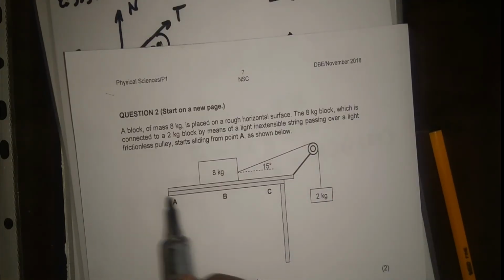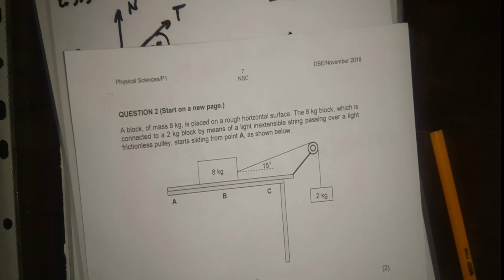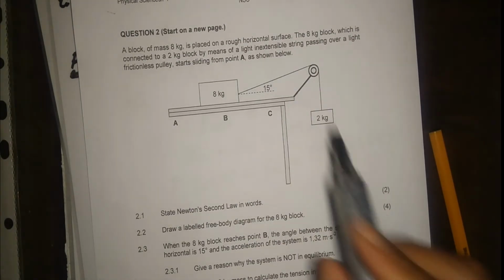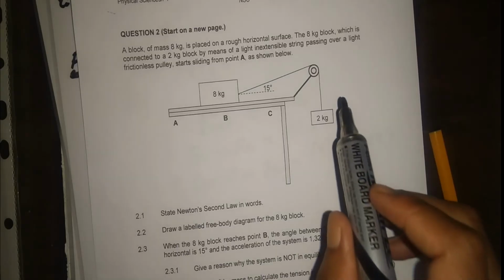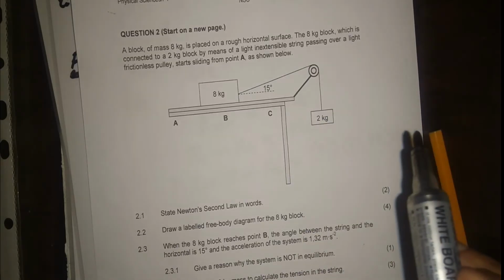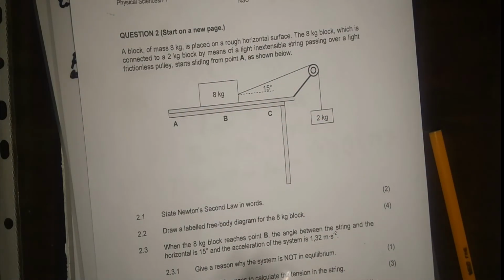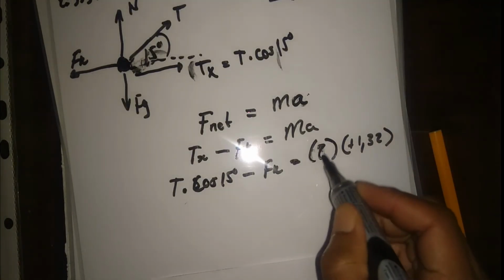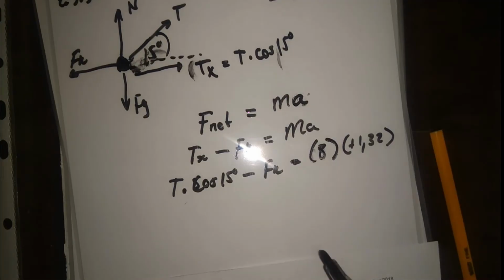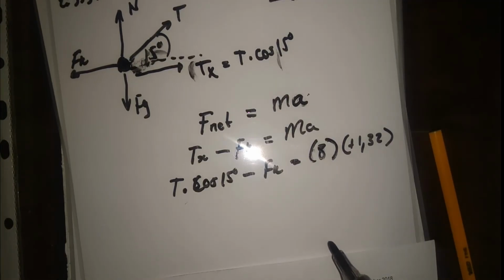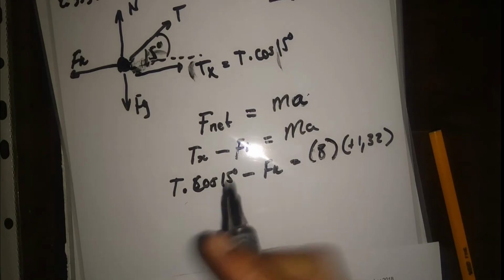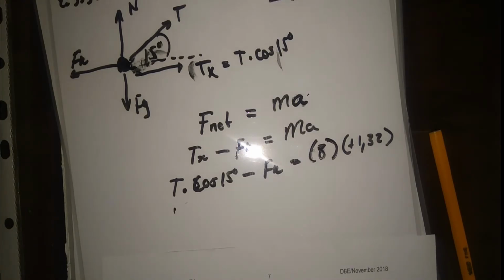Remember, the acceleration of the system comes with the acceleration for the 2 kg block and the acceleration for the 8 kg block as well. So here, for the 8 kg block, the acceleration is going to be 1,32. So here the tension was calculated as what?